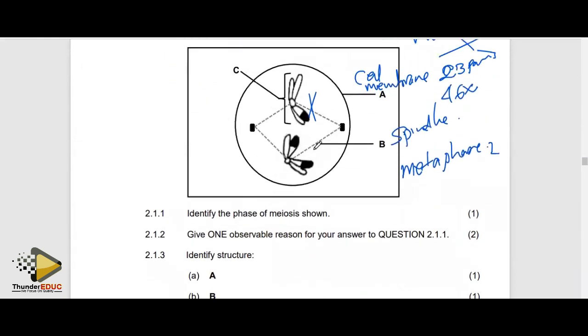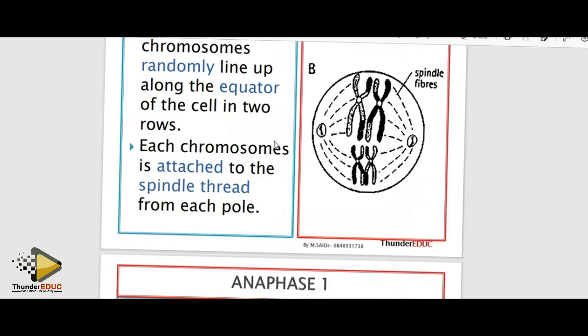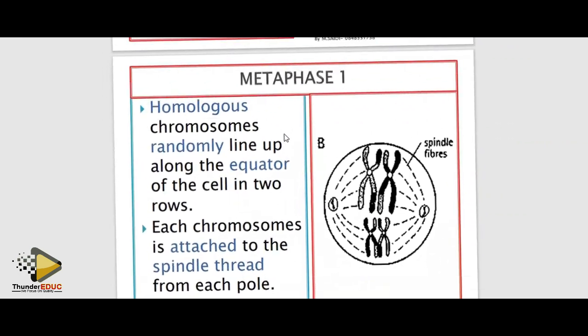Then describe the role of B in the movement of chromosomes during meiosis. These ones are very important as they contract, they shorten, and then they pull the chromosomes or the chromatids to opposite poles. And also, they are very important in holding the chromosomes in place, maybe during metaphase. So where do we get this?